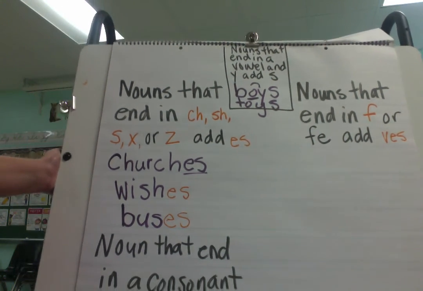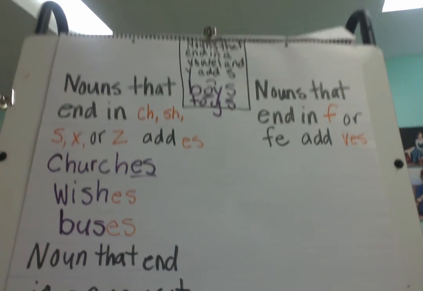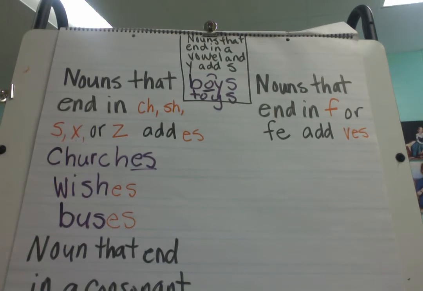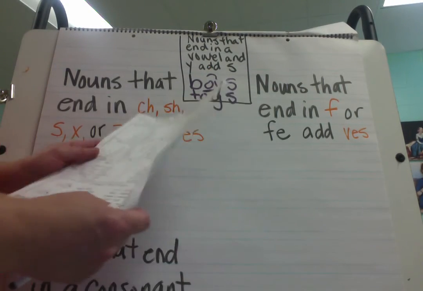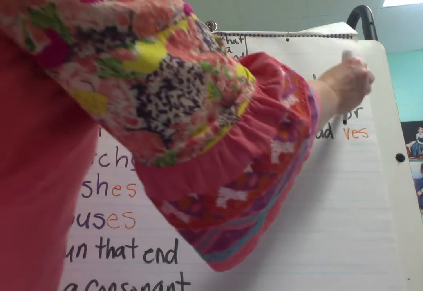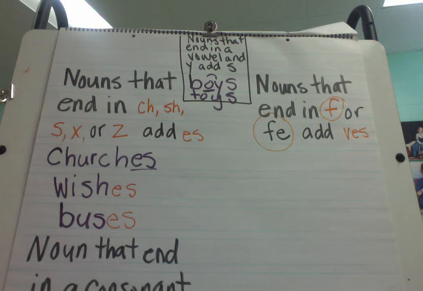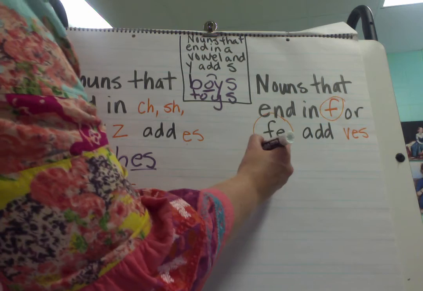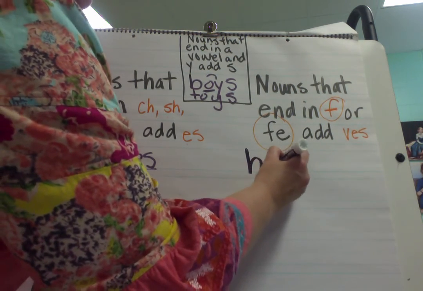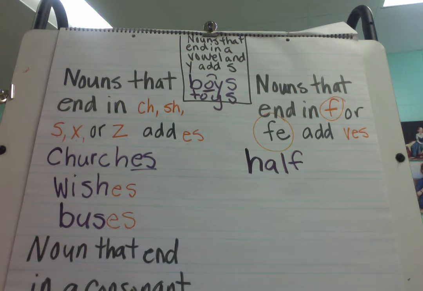All right, we're going to look at nouns that end in an F or an FE. Can you think of a word that ends in an F or an FE? Okay. What about half? Half, I want half a piece of pizza or half a pie, okay?